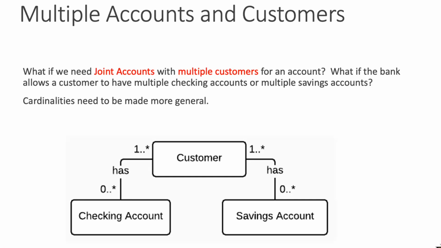So in that case, a checking account can be assigned to at least one customer, to many customers, and a saving account is at least related to one to many customers. The relationship between the customer and checking account, customer can have 0 or many checking accounts, and the same for the saving account.